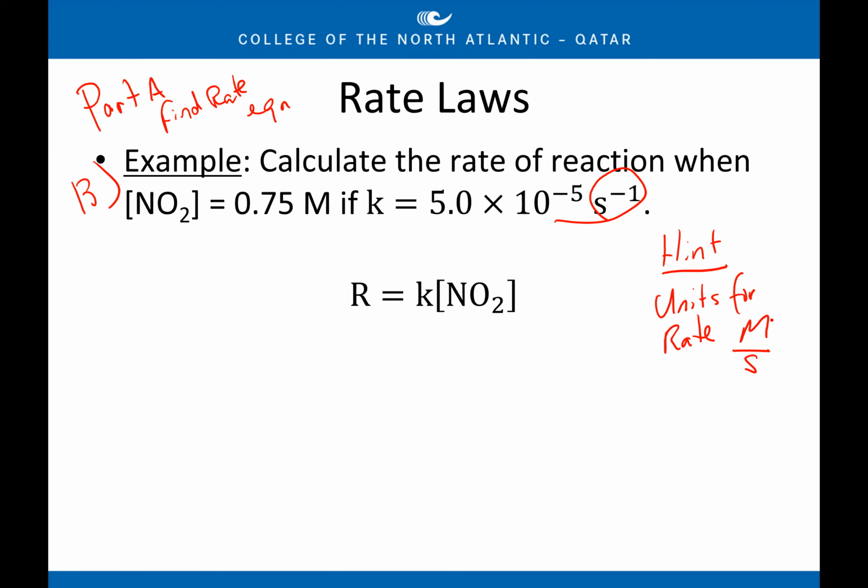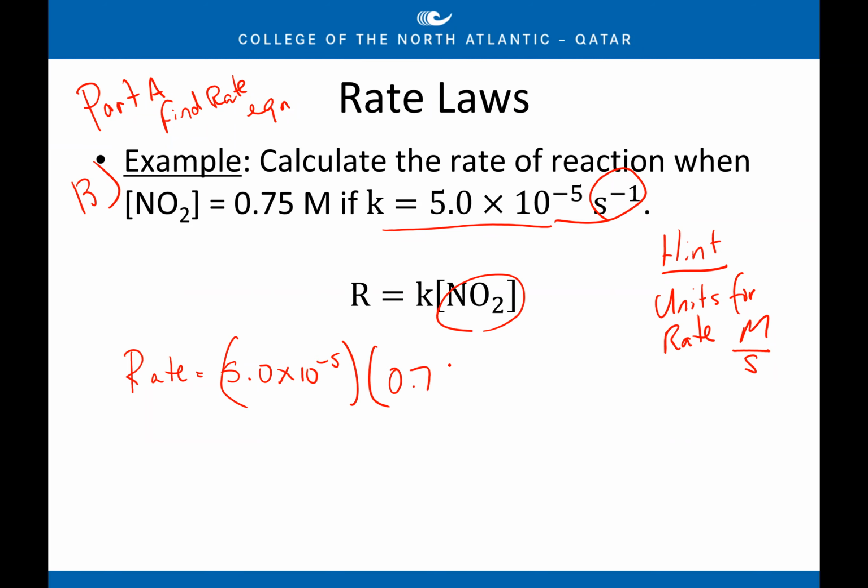And instead of hours, it's seconds, because chemical reactions are so fast. So my rate is equal to K, 5.0 times 10 to the negative 5, I shouldn't ignore my sig figs, should I? Multiplied by my concentration, 0.75, and that's it.